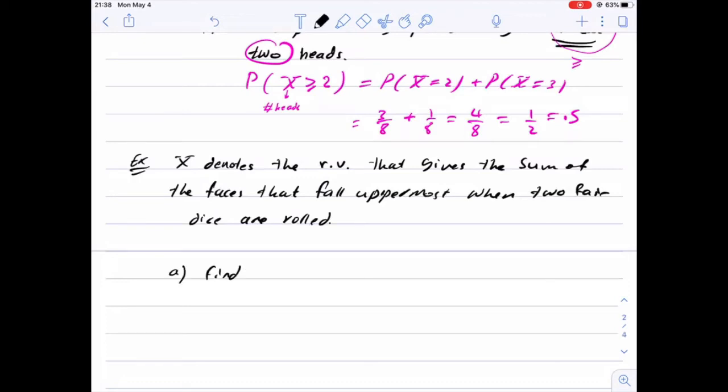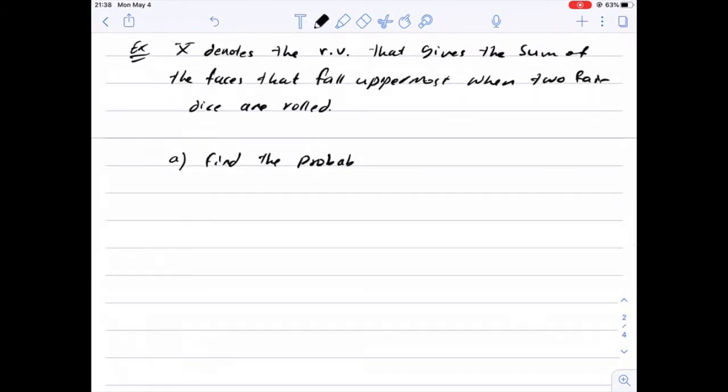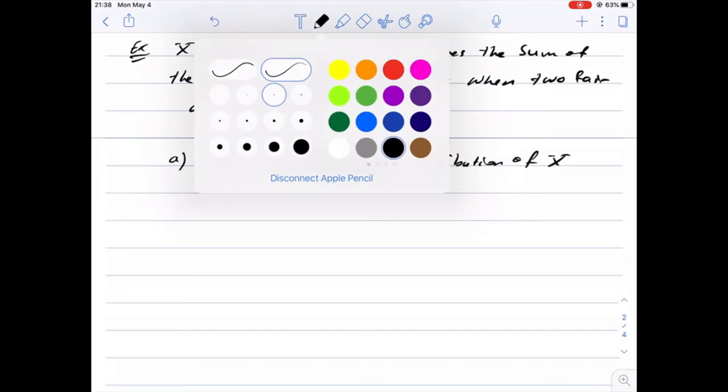The first question, find the probability distribution of the random variable x.